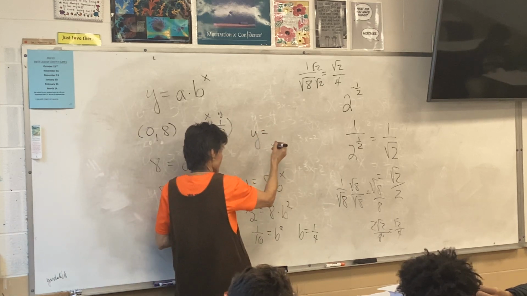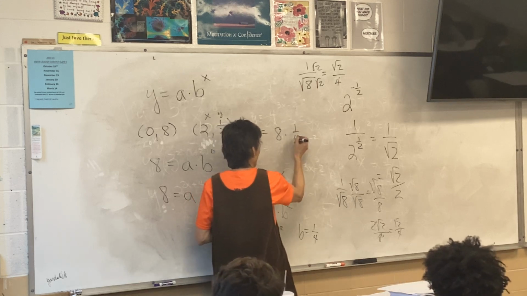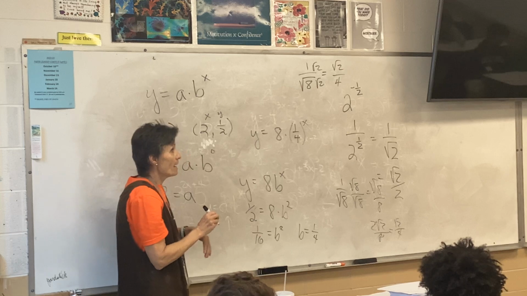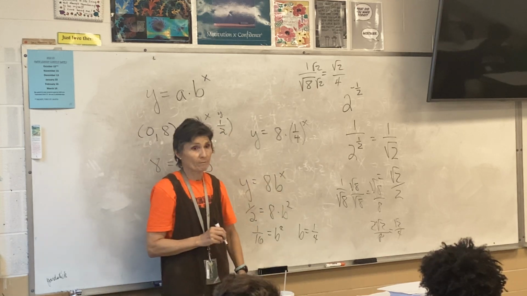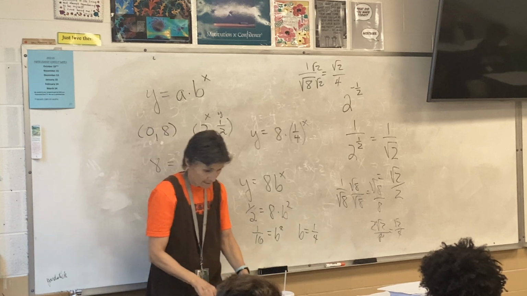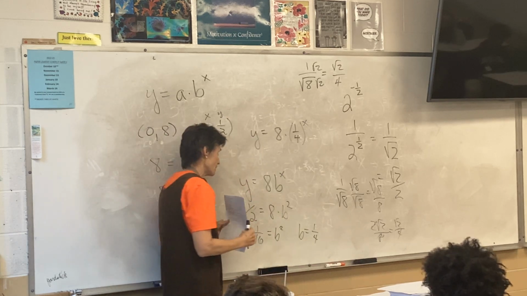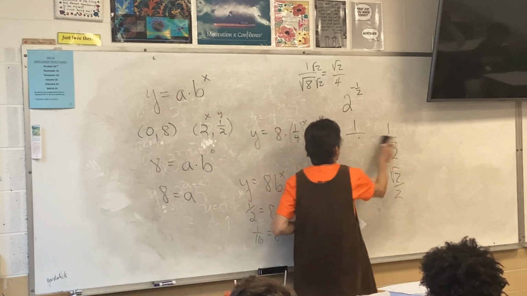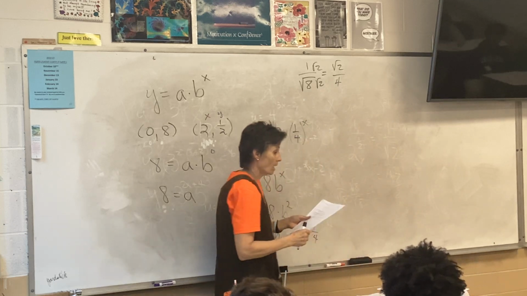Y equals 8 times 1/4 to the x. Am I ever gonna multiply the 8 times the 1/4? No. Never in 1,000 bazillion years. Don't do it. A and B are separate. Do not combine them.